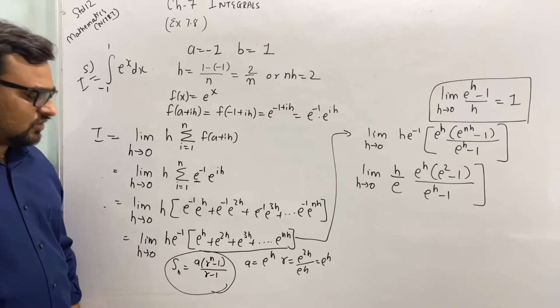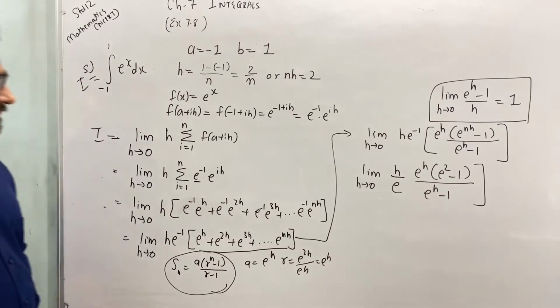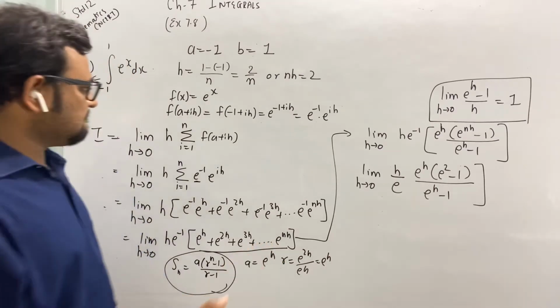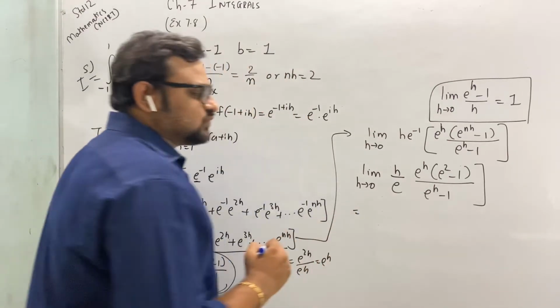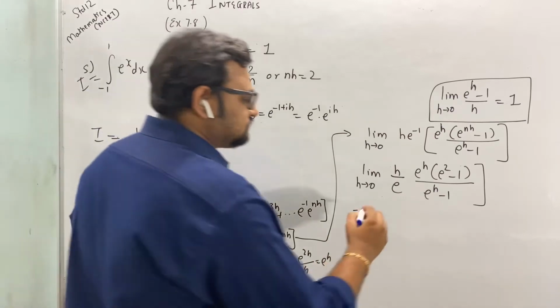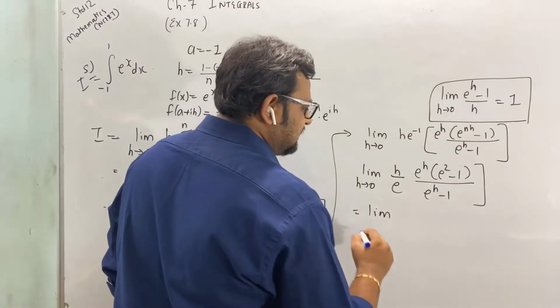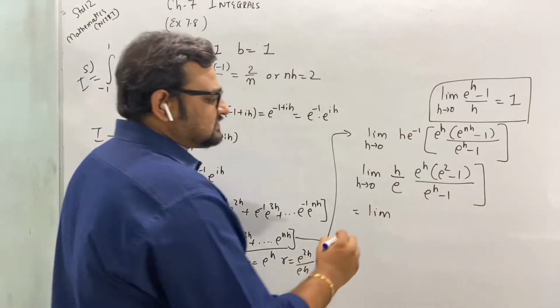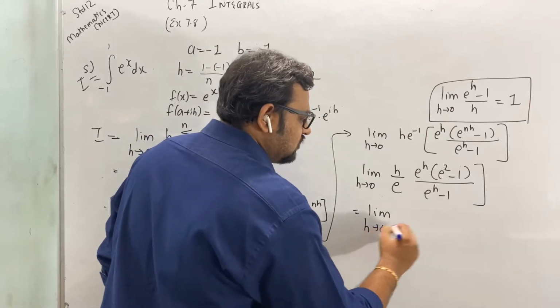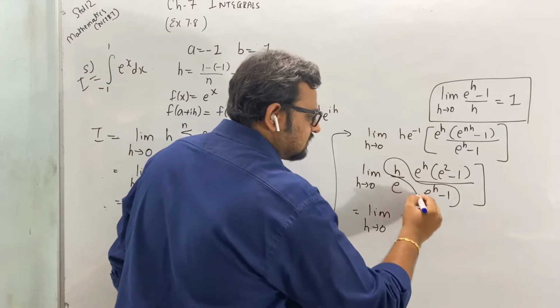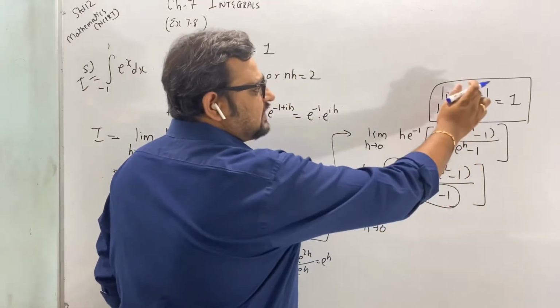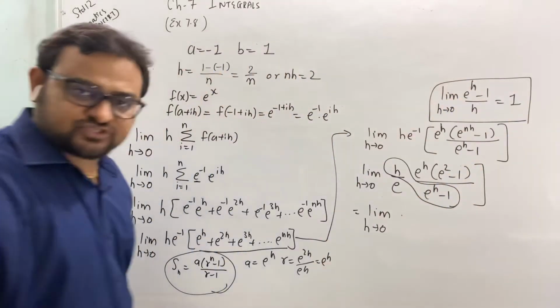Clear? So this will be equal to limit h tends to 0, h. Now this becomes the formula, e raised to h minus 1 upon h.